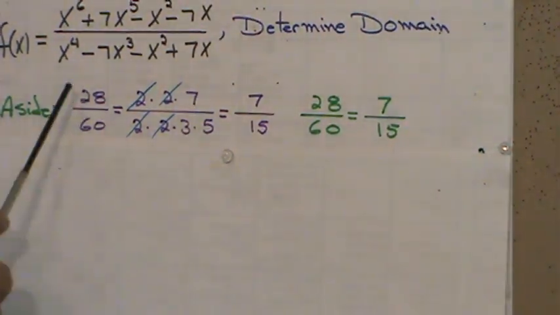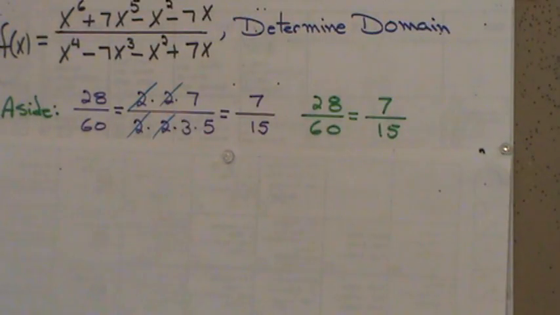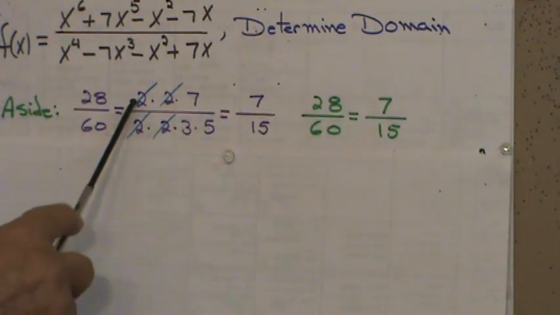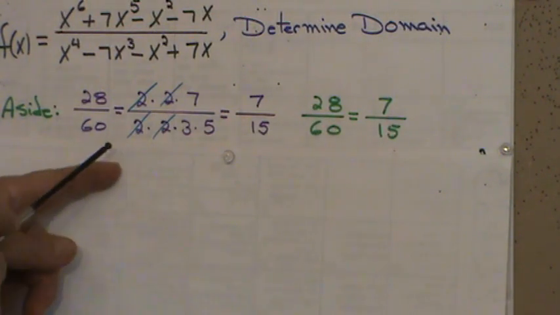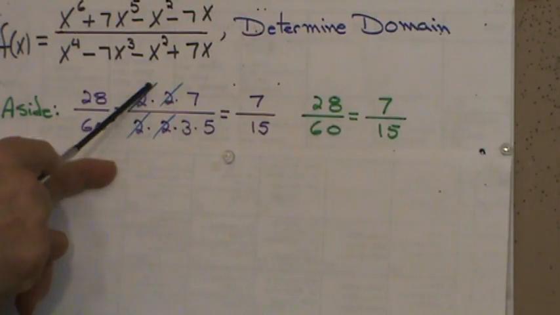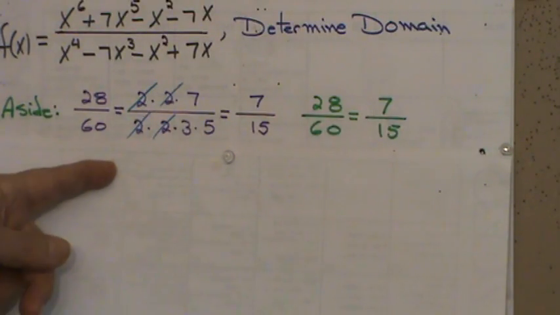So 28 over 60 is a rational number. According to the fundamental theorem of arithmetic, I decomposed that into a product of corresponding prime numbers for the numerator, and did the same for the denominator, and then I started to cancel out those factors that the numerator and denominator have in common.